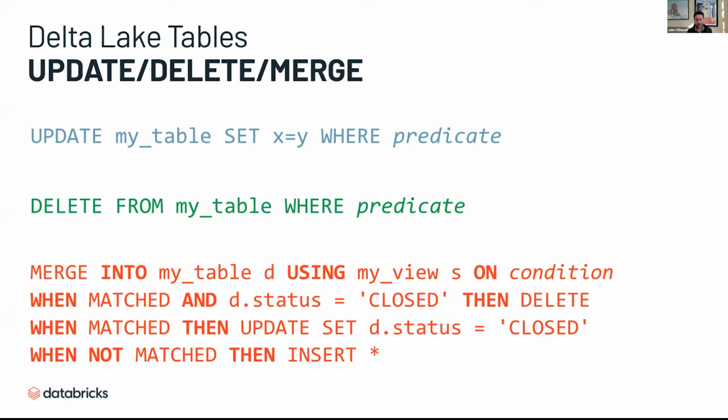This really wasn't possible before on big data object stores. Delta Lake makes it possible. There's a lot of back and forth and reasons how this happens. You've probably seen other presentations on the inner workings of Delta Lake, and there definitely are. But for this conversation, I'm really just going to keep it high level.